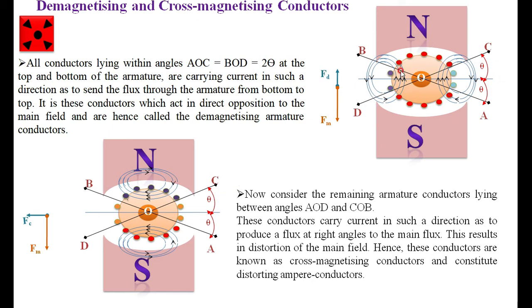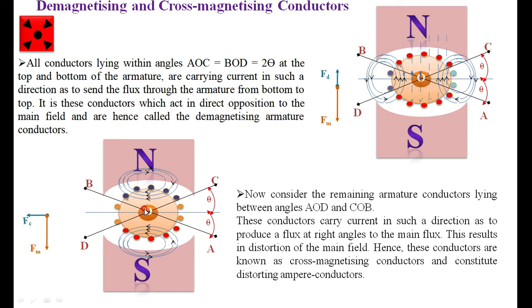Now we can observe that Fd represents the demagnetizing conductor ampere turns. The main flux is from N to S, where this flux is exactly opposite to the main flux. Therefore, these are demagnetizing ampere turns.